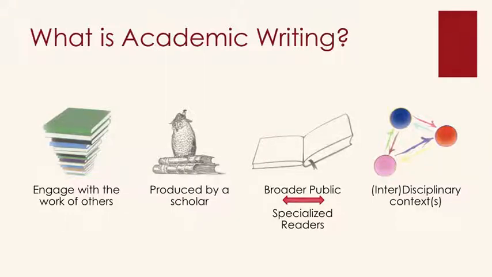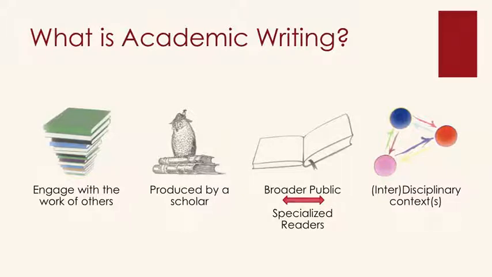Finally, one of the features that defines academic writing is that it's written from within a particular disciplinary context. Sometimes it's an interdisciplinary context, and sometimes it's from multiple disciplinary contexts, and sometimes a scholar will deliberately choose to blend contexts, and that's fine too. But academic writing reflects the way that knowledge in the academy is distributed according to certain domains, right?